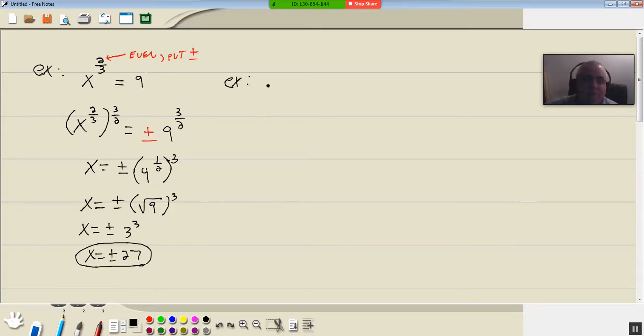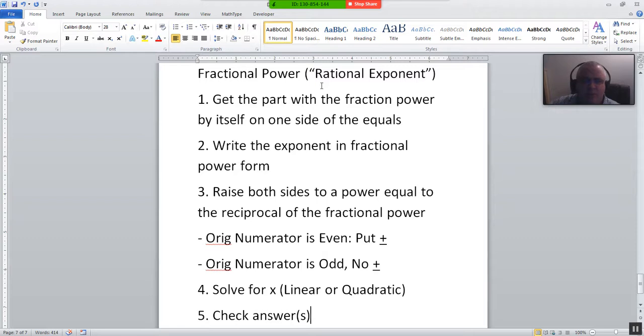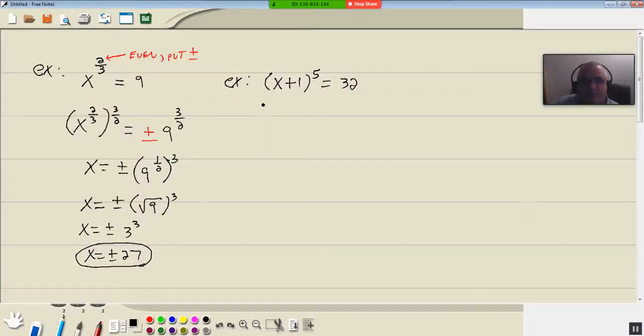Okay, now imagine I have x plus 1 to the 5th power is equal to, let me think this through, 32 is a good one. Now I might look at this and say, well, that's not a fractional power. We can write it as a fractional power.